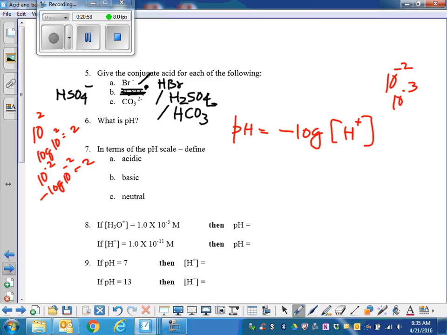For a layman, these are mathematical terms that they didn't understand. So Sorensen was the scientist who decided to say, you know what? People don't understand if you say 10 to the negative 2, 3 and all these things. Let's make it a whole number. And he defined a pH scale and he said it's negative log of the hydrogen ion concentration.